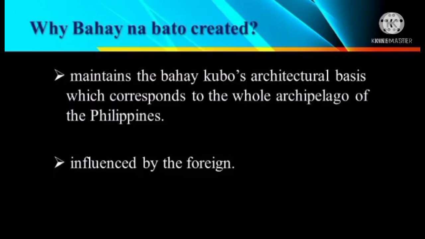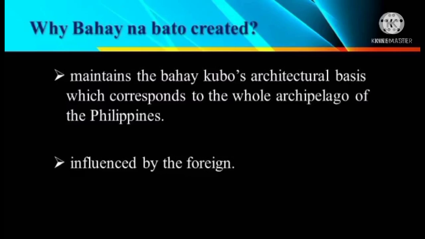Next, why was the bahay na bato created? It maintains the bahay kubo's architectural basis, which corresponds to the whole archipelago of the Philippines. Spaniards and Indians back then became aware of the environmental situation that the Philippines is in. Back in 1600, the Philippines experienced a lot of earthquakes that shattered not only the city but also the houses within it.